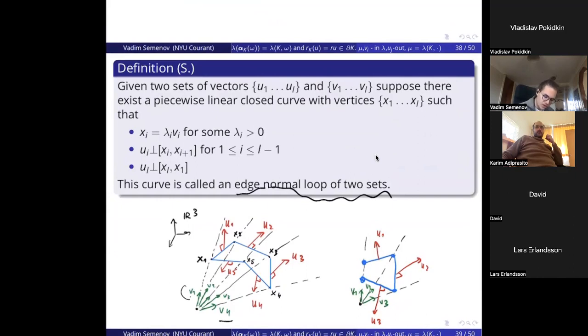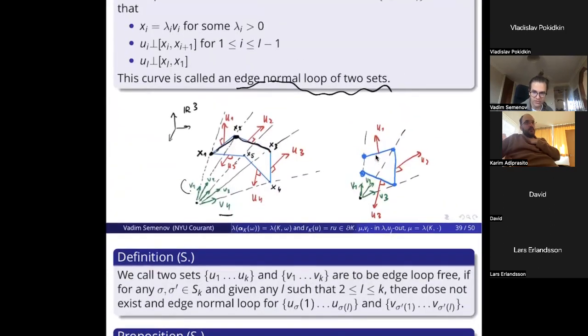Then you can fix some point and take an edge perpendicular to U1 onto another ray, take an edge perpendicular to U2 to the other ray, and if your loop closes up, then this is going to be an edge normal loop. So sometimes it does close up, meaning that it's a loop. Sometimes it's not a loop.